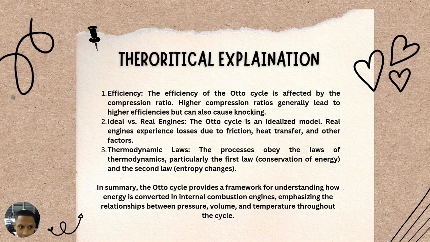Next, the theoretical explanation. In the Otto cycle, we can see there are efficiency, ideal versus real engine, and thermodynamic law. The efficiency of the Otto cycle is affected by the compression ratio. A higher compression ratio generally leads to higher efficiency, but can also cause knocking in the cylinder.